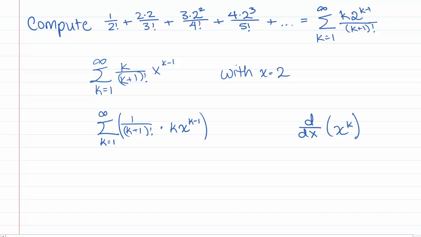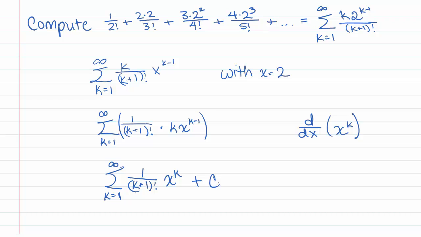So instead of looking for this series, let's look for the series k goes from 1 to infinity of 1 over k plus 1 factorial x to the k plus some other constant, because we don't know what the constant is. And that's what we get when we find the integral of the series we had before.